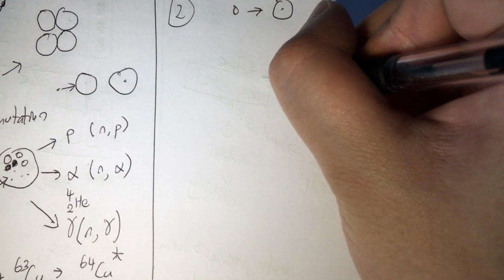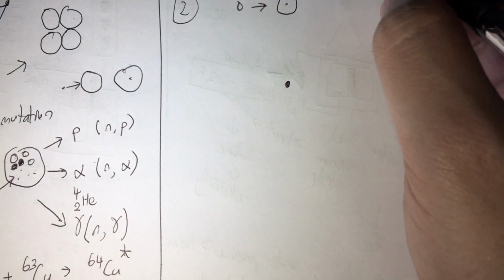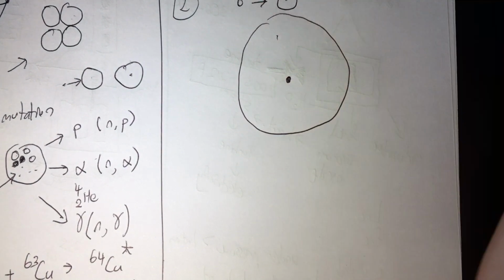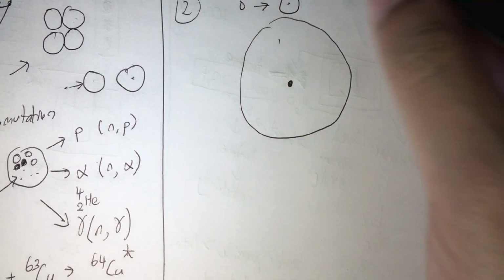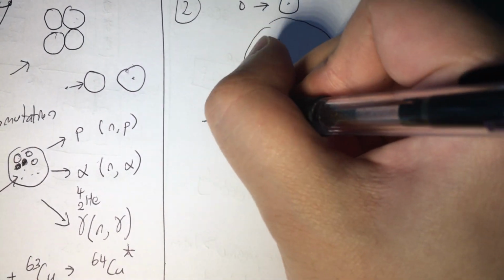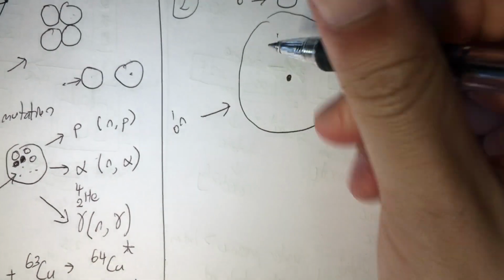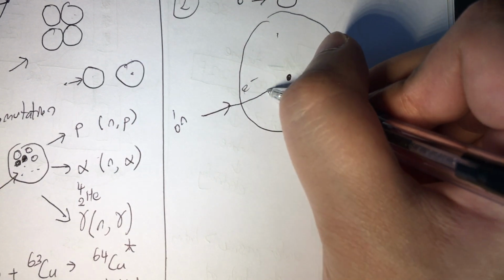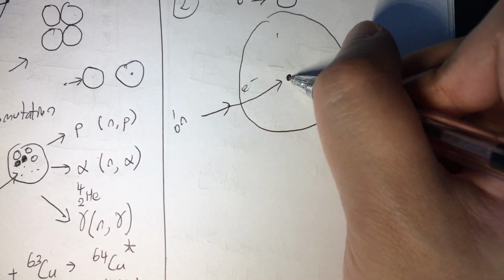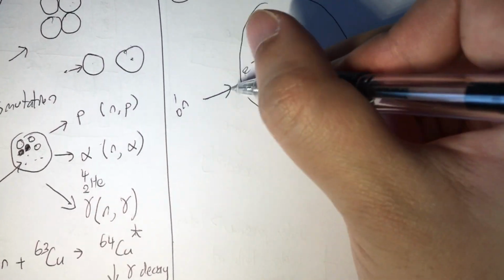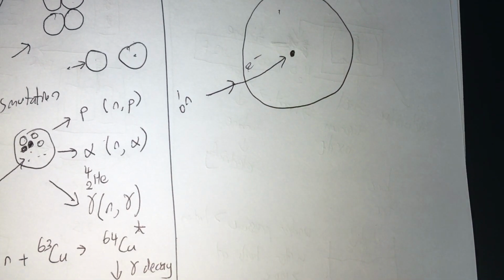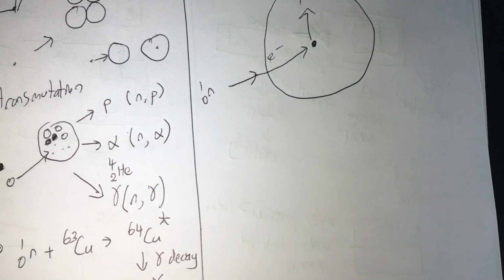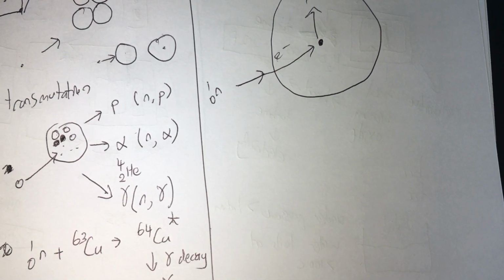But we know from Rutherford's experiments that the atom is made of an electron cloud and a very small nucleus. So the neutron, being electrically neutral, doesn't interact with the electron cloud. It will only interact with the atom by hitting the nucleus itself. So the neutron must hit the nucleus in order to transfer its kinetic energy. So let's take a look at that.